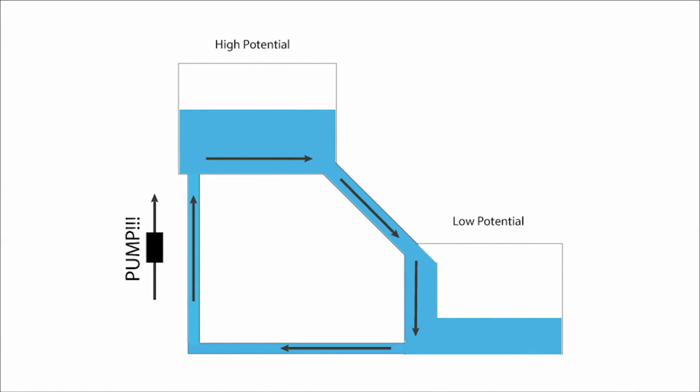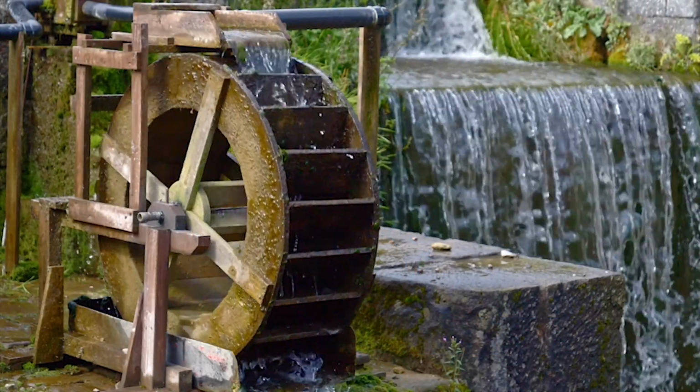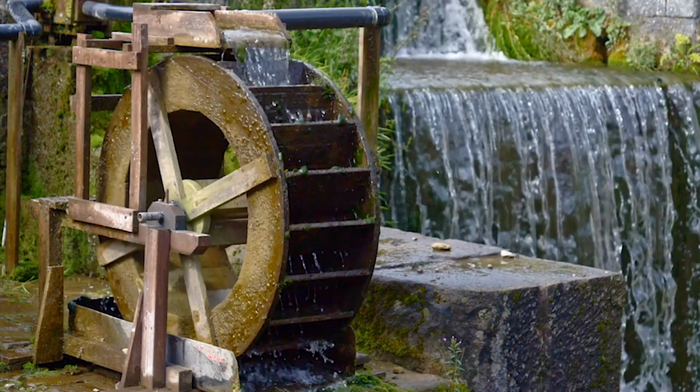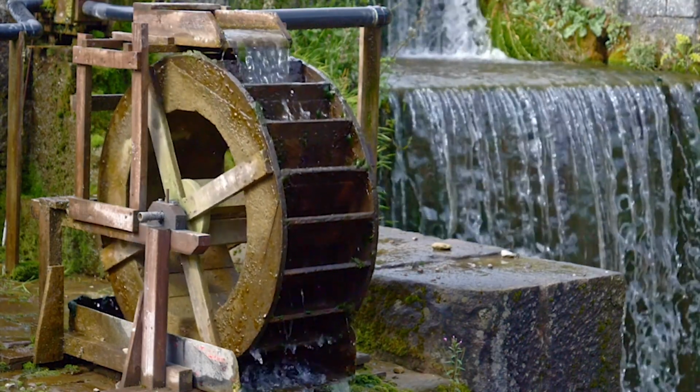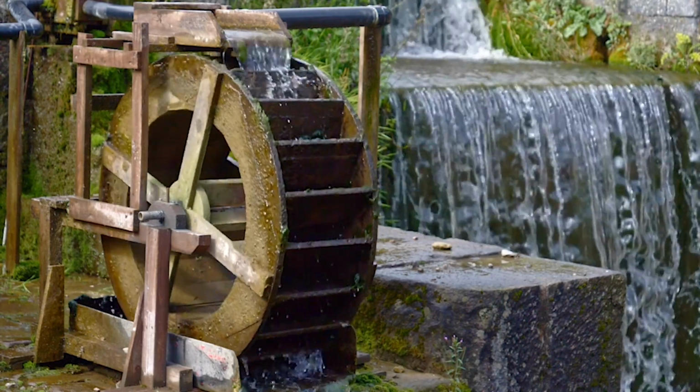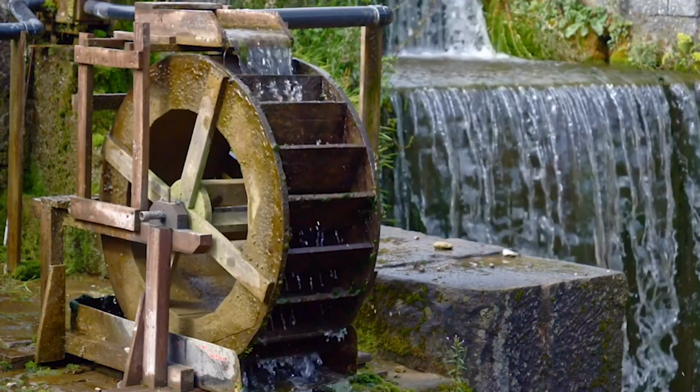Water in the higher tank has a higher energy potential due to gravity. It flows down to the lower elevation, giving up energy in the process. This is because it loses the energy provided by gravity through losing elevation.